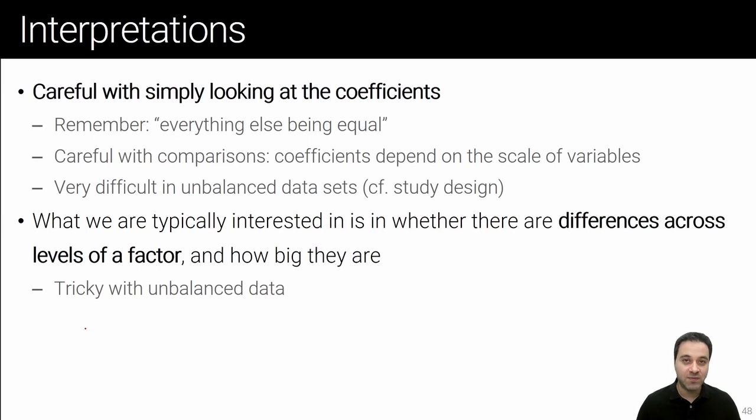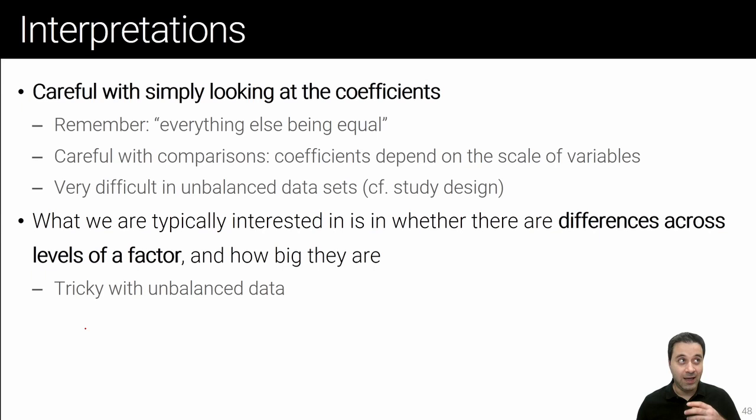And it's specifically going to be difficult to reason about coefficients if we have an imbalanced data set, an imbalanced study design. If, for example, one of the groups has many more observations than one of the other groups, it's going to make a difference. In the end, what we are typically interested in is looking for comparisons across different groups of one categorical variable.